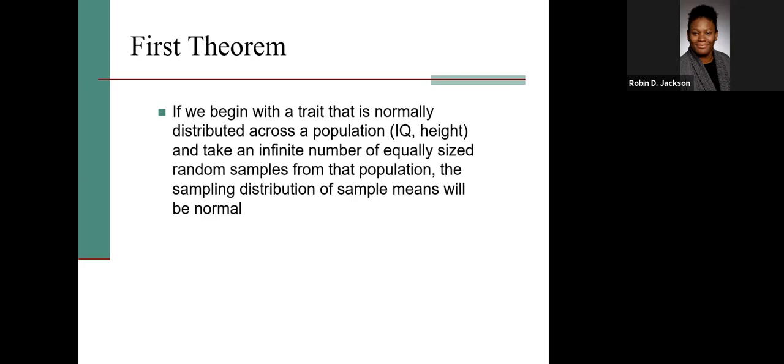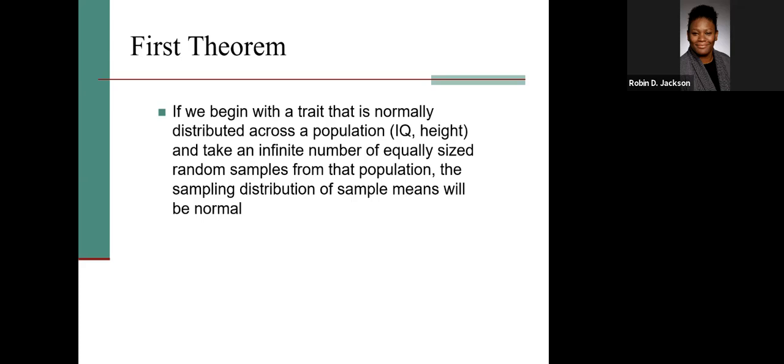So remember in the previous example, I think I said 100, when I was talking about age. And that example with age, I said you take a sample of 100 and you get a mean of 27. Then you take another sample of 100 and you get a mean of 30. Then let's say you take a third sample, you get a mean of 28. You take a fourth sample, you get a mean of 25.